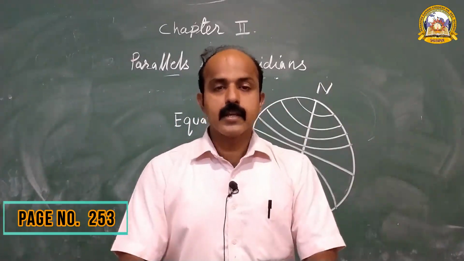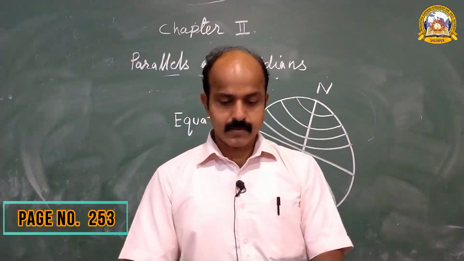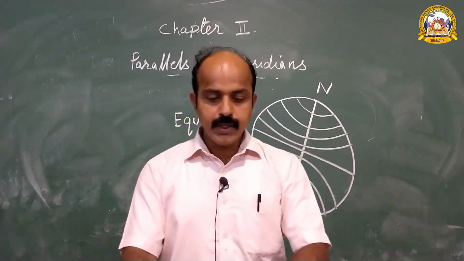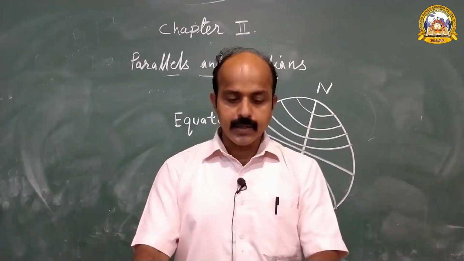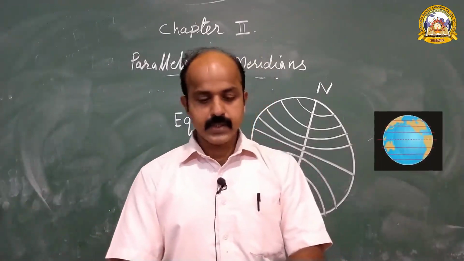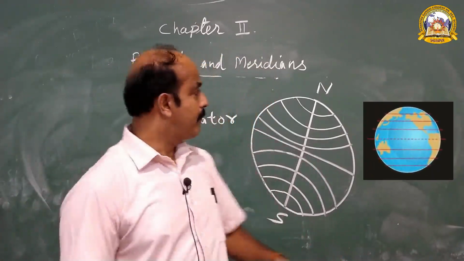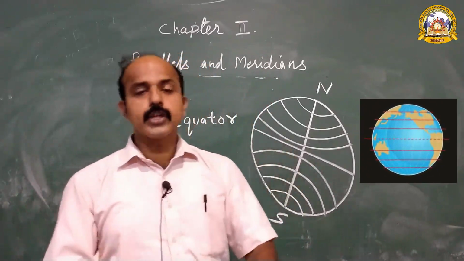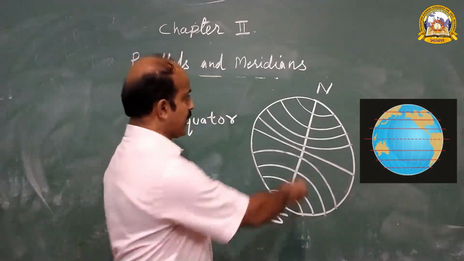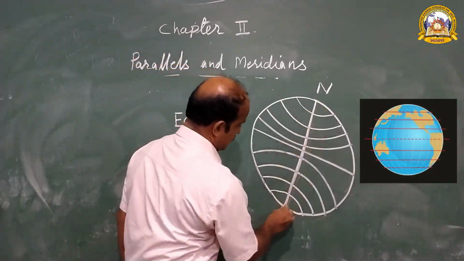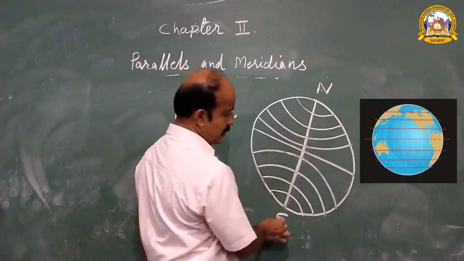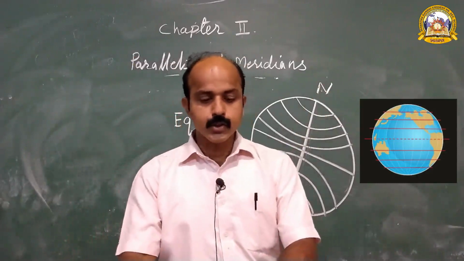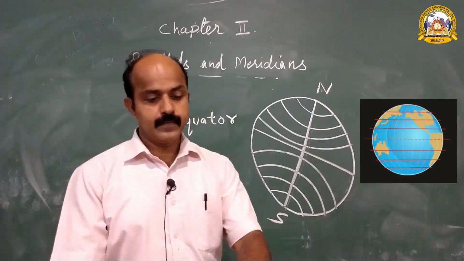Let us see about the parallels. To find the location of places on the earth, we need certain imaginary lines as reference. These lines are called parallels and meridians. The earth rotates on its axis. This is the axis, north and the south. It is an imaginary line drawn through the center of the earth.